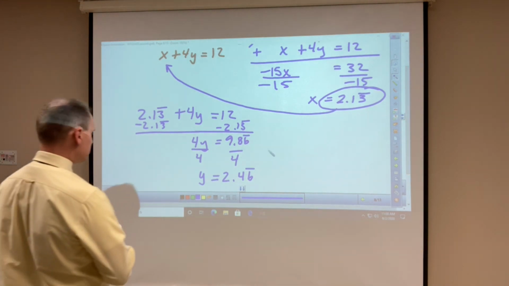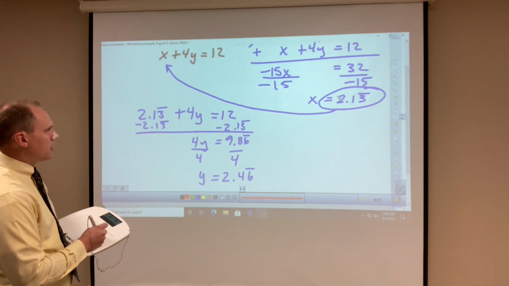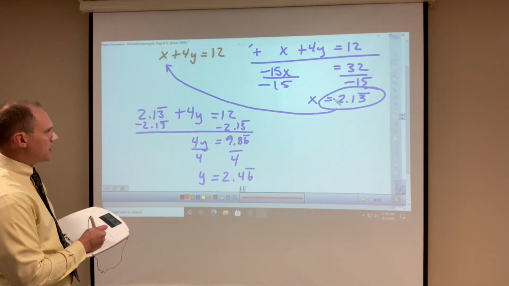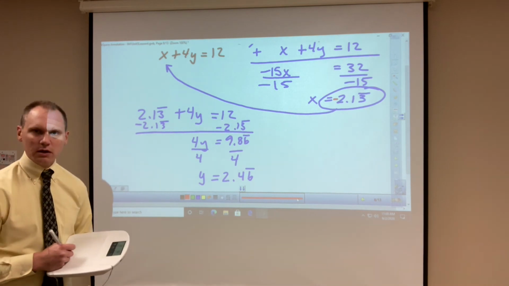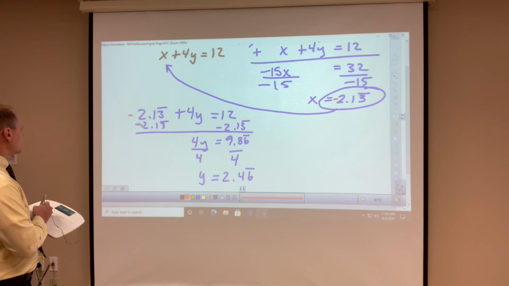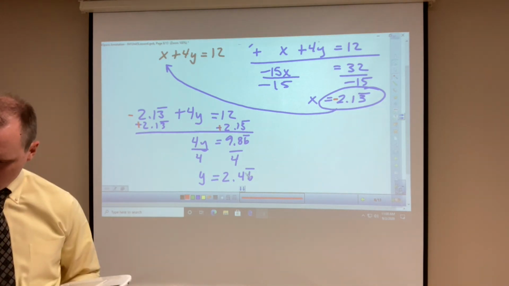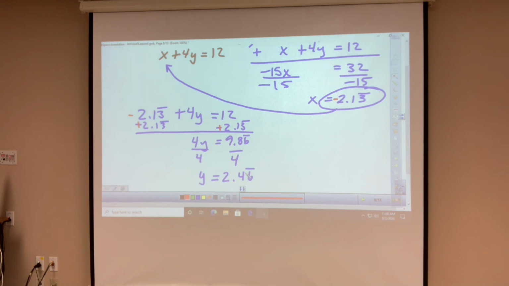Hopefully you got this. I noticed that this value isn't the same. When we divide here, this should be a negative 2.13 repeating. I apologize for that. So let's fix that here. It's going to be negative there, which means we're going to add 2.13 repeating to both sides. So I'm going to go back up here and change this to addition.